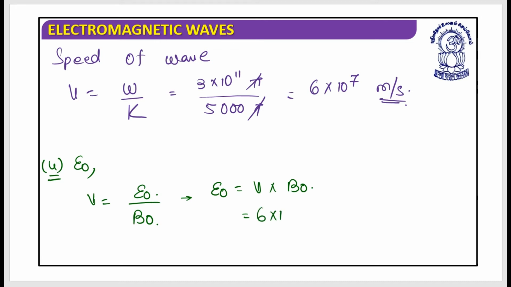So this is equal to 6 into 10 to the power 7 multiplied by B naught, that is equal to 8 into 10 to the power minus 6. So this comes to 480 volt per meter. This is the V, which is equal to E naught divided by B naught.